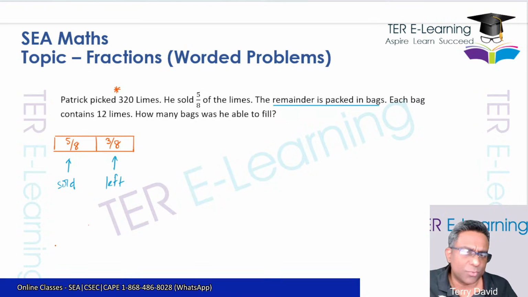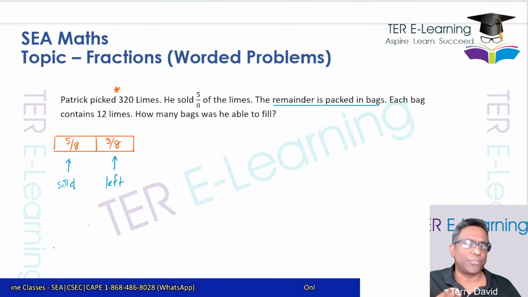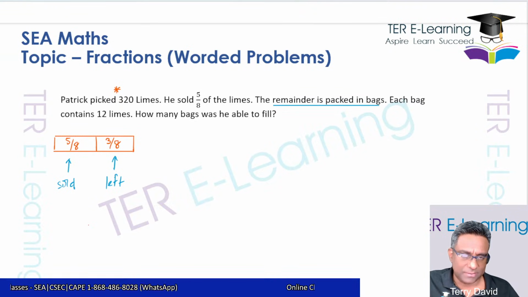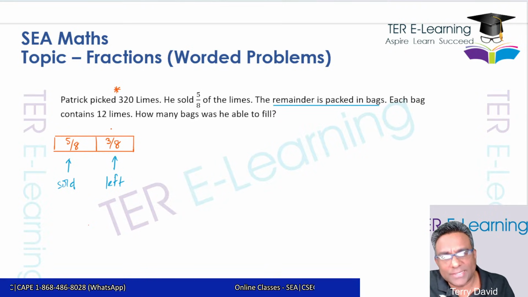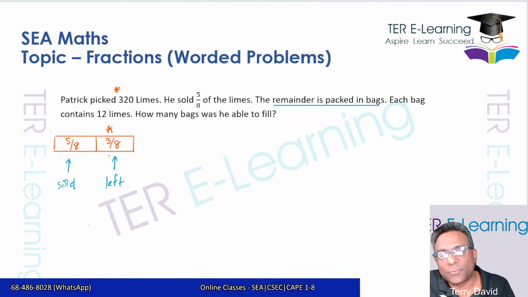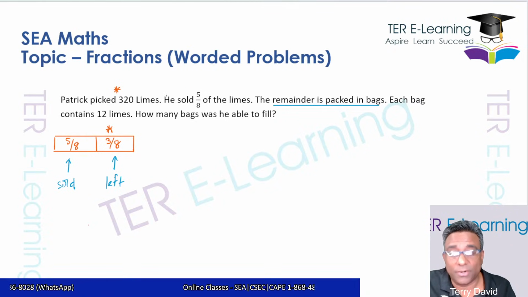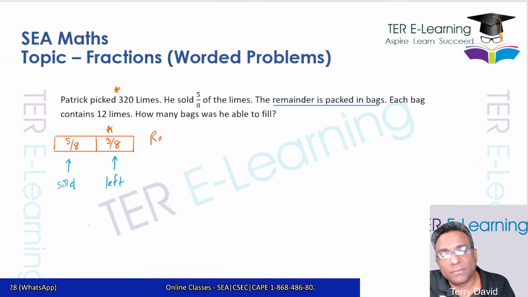Now some students, what they may do, they may work out 5/8 of the 320, they'll get an answer, and then they will subtract that from 320, but that is extra work. If you can recognize that if he sold 5 eighths, it means that what he's left with is 3 eighths, then we can actually work out the remainder directly.